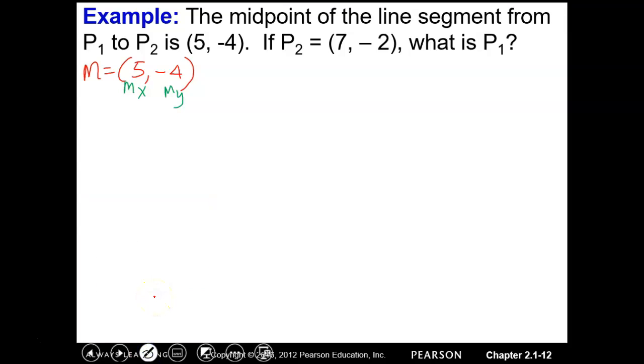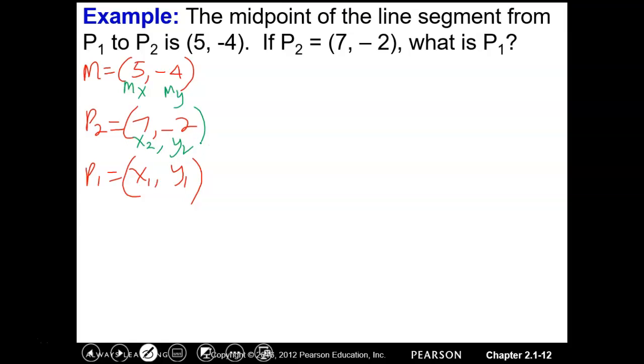And then we are given point 2 to be 7, comma -2. And then we are looking for point 1, which will be our x1, y1. We don't know it. So this is our x2, y2, since this is point 2.